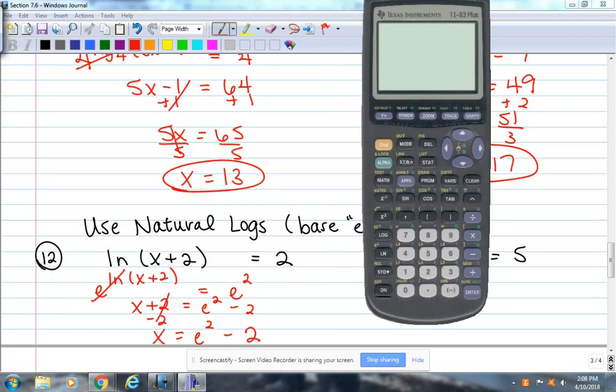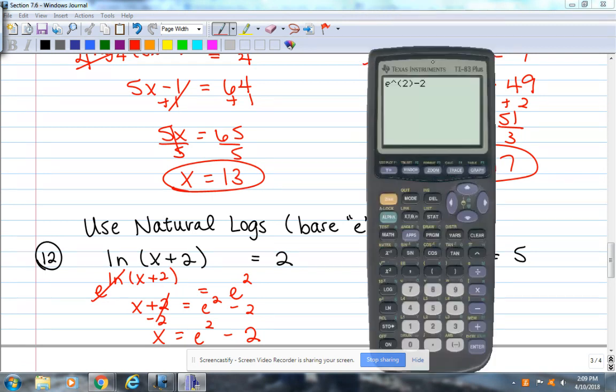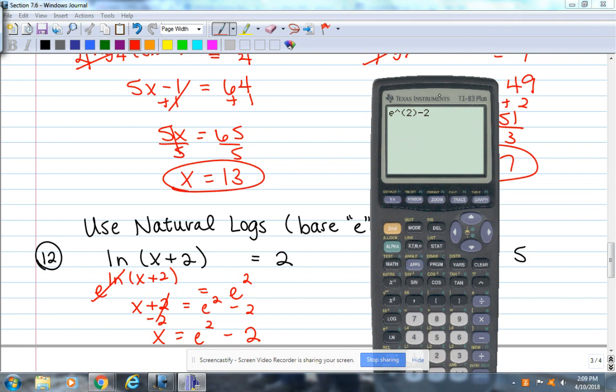Y'all remember how to get e on your calculator? You hit second ln, and then hit a square, and then hit minus 2.